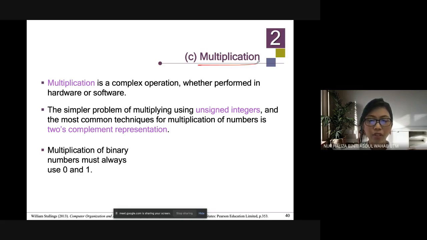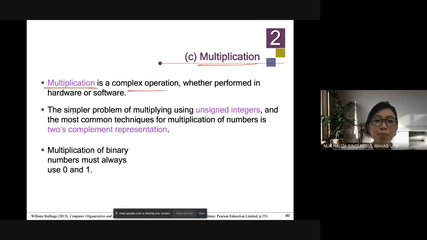Multiplication, you can see over here. Multiplication is a complex operation, whether it's performed in hardware or software. You think it's easy, even though we just press the calculator and get the answer. But it's basically a complex operation.